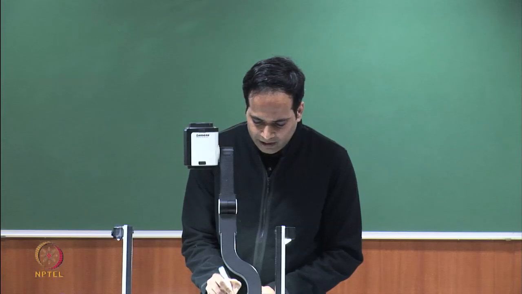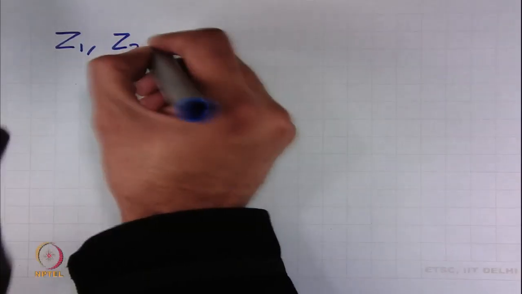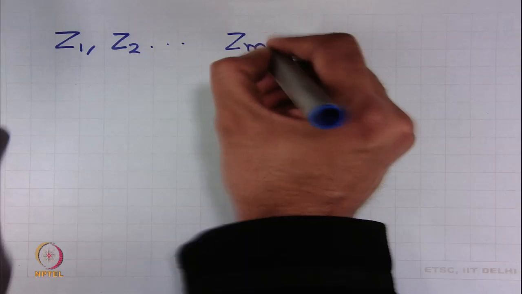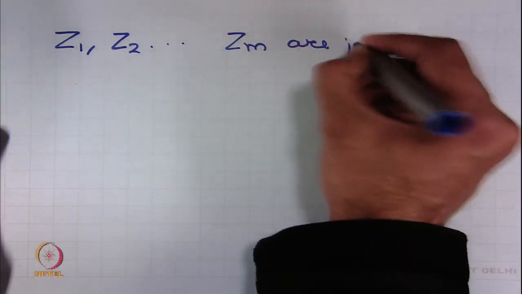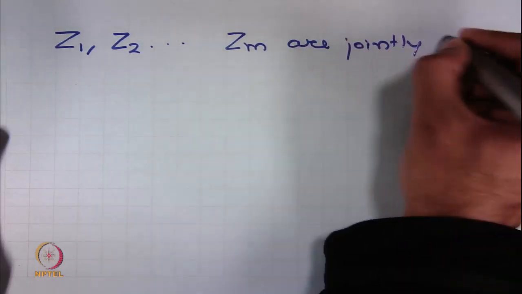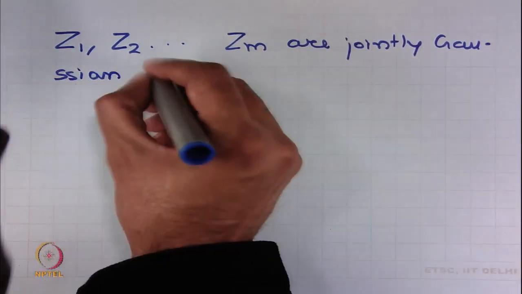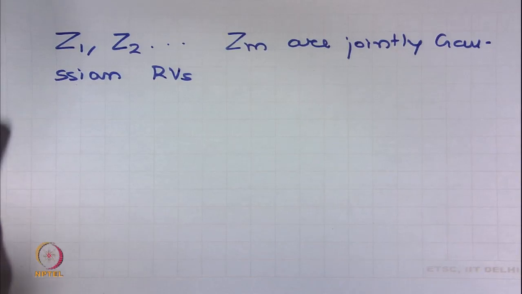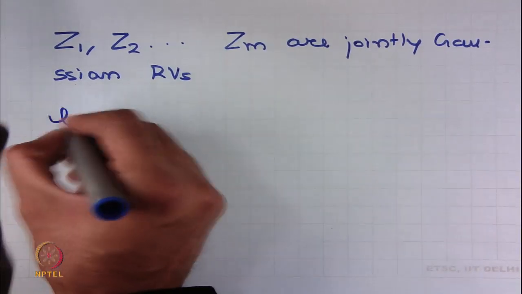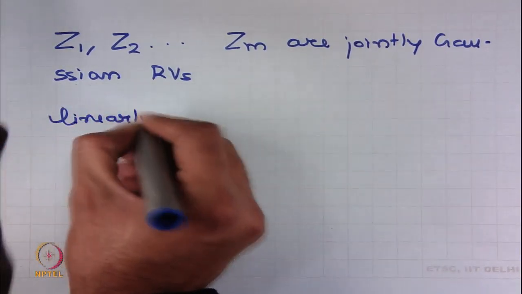So, what we are saying is, if Z1, Z2 and Zm are jointly Gaussian random variables, they might be linearly dependent, is it not?